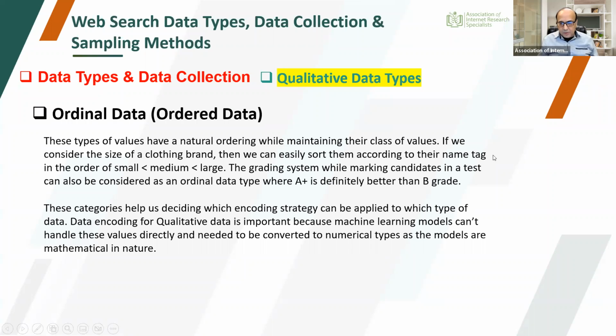here is an example. If we consider the size of a clothing brand, then we can easily sort them out according to their name tags in the order of small, medium, and large. So small, medium, and large could have different values with relationship to each other, meaning that small in European size could mean 12 or could be some other way of how it is representing small as part of the European sizes versus US sizes.